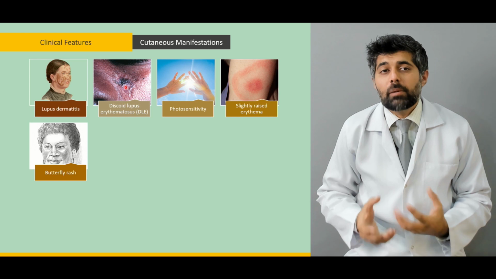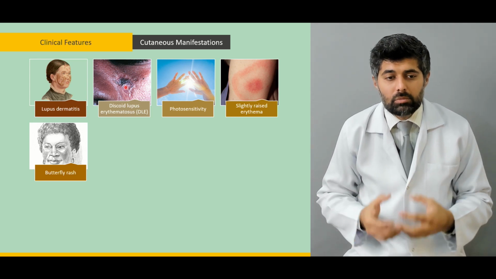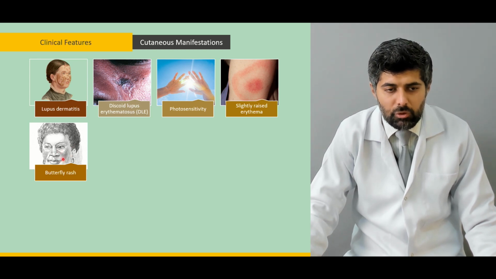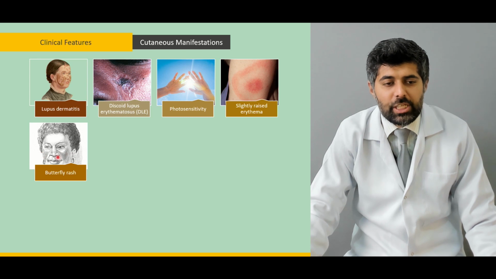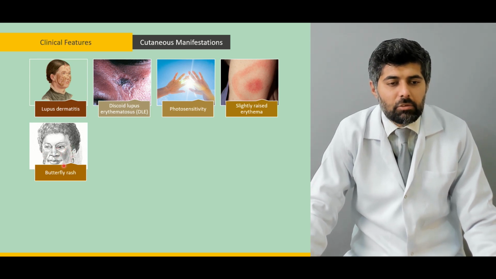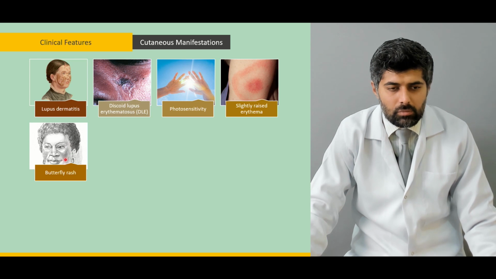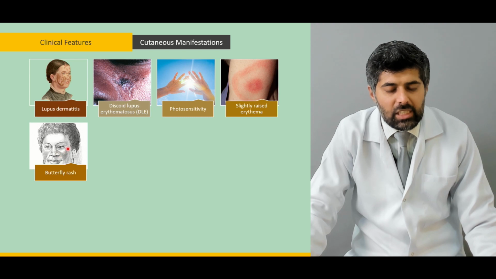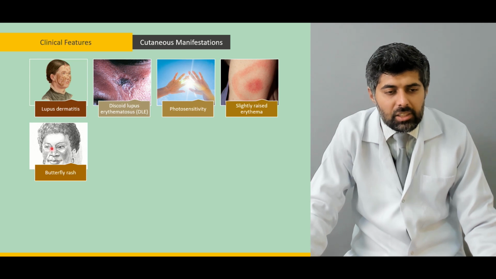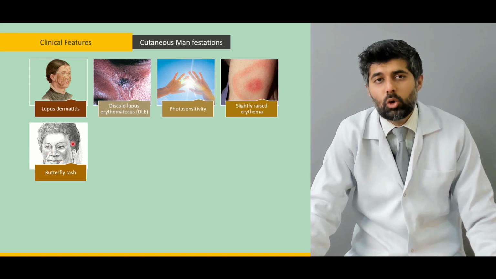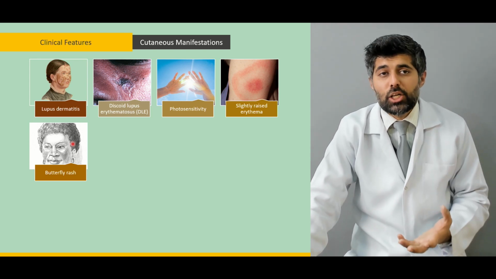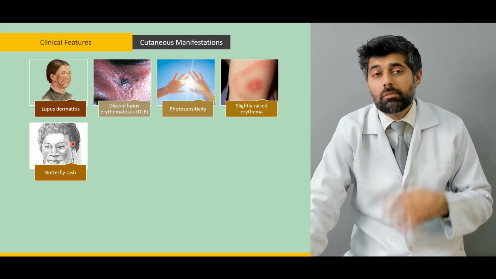So, if you see a patient with a butterfly rash, butterfly in the sense that the patient has a rash over both the cheeks in a fashion that covers both the petrous bone and the cheeks and gives the appearance of the two wings of a butterfly, this presentation is very pathognomonic of SLE. And if you see a person with such a presentation, a workup for SLE must be started.